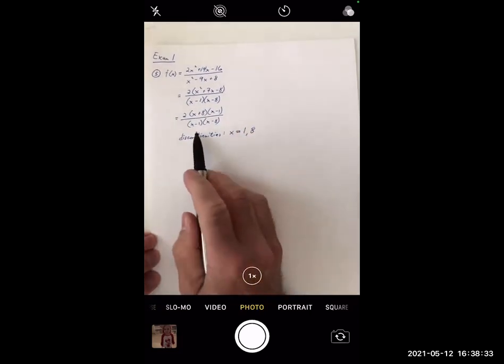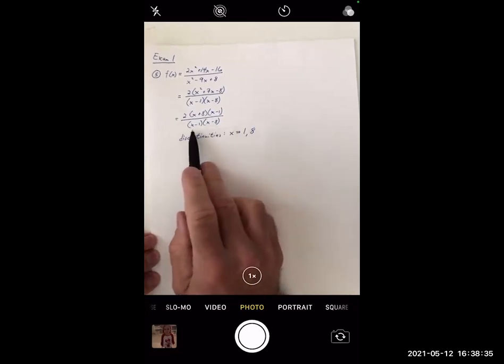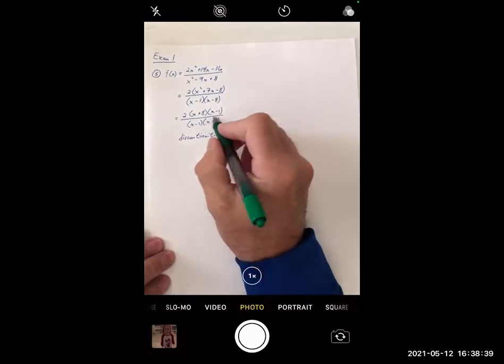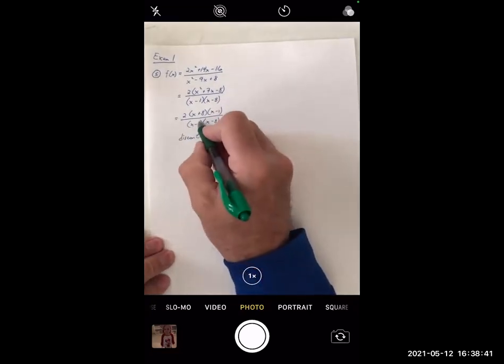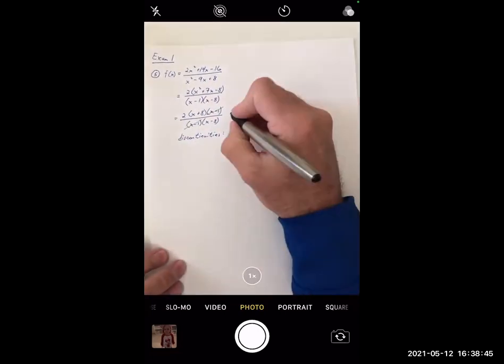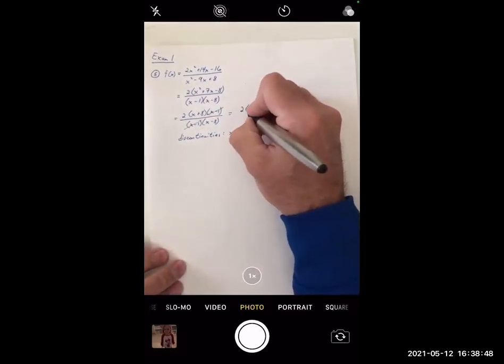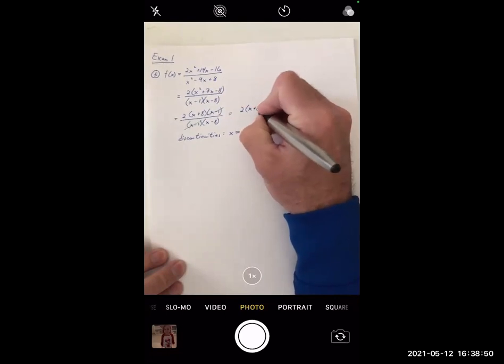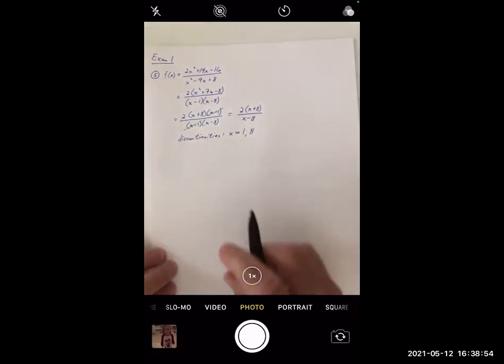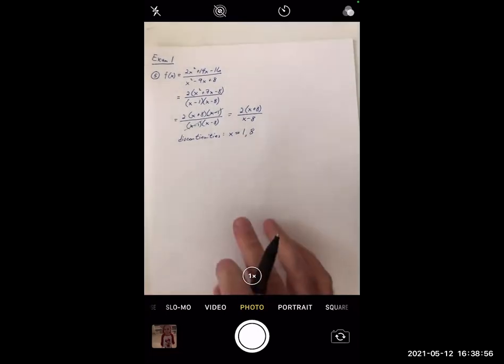And we knew that because that's what makes the denominator 0. So those are your discontinuities. And then if you simplify the function, you can cross out the x minus 1s, and then it reduces down to that.